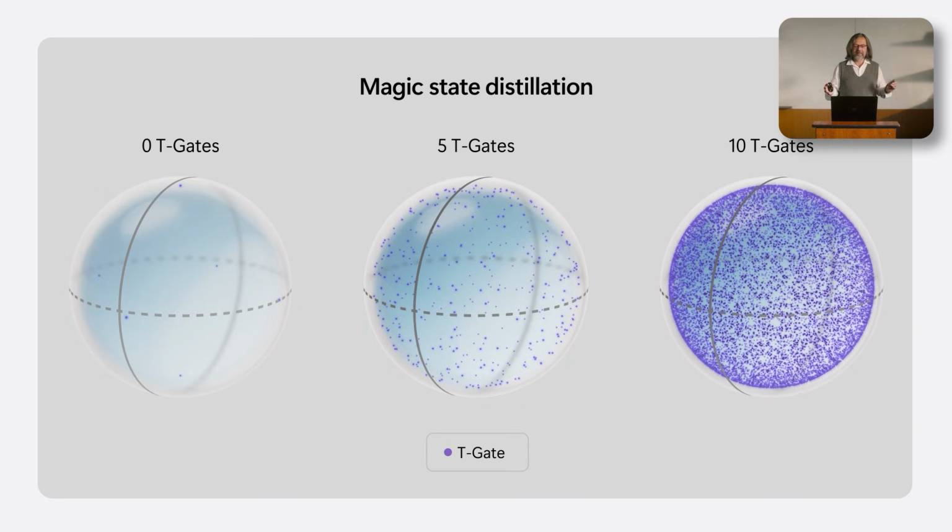The more I use, I can approximate any rotation arbitrarily close. What is needed for that is this T-gate. And the problem once more is physical qubits are noisy. But I need to achieve an error rate of 10 to the minus 15 in our case.